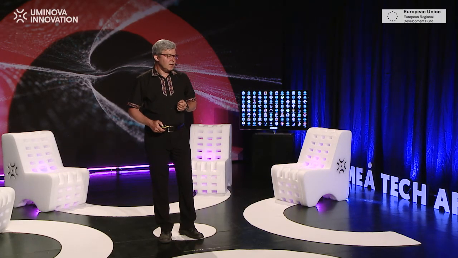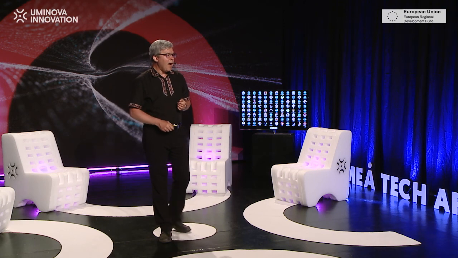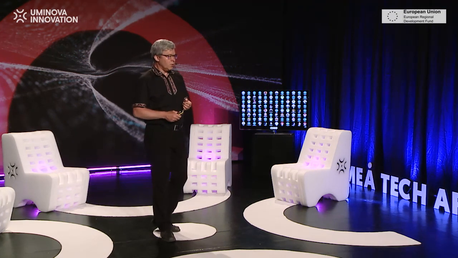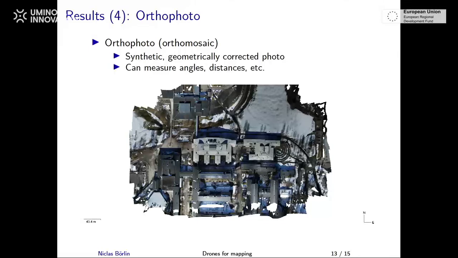A sibling to that map, the digital elevation model, or DEM as it's called, is the orthophoto, which is a synthetic image generated from all the images that we took. It's a combination of all of them, and the combination is such that the distortions that are present in photographs are corrected for.